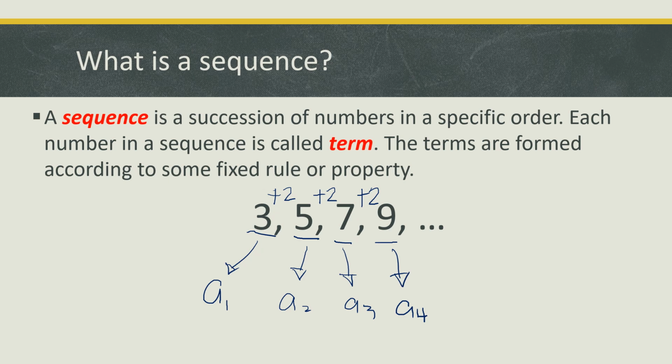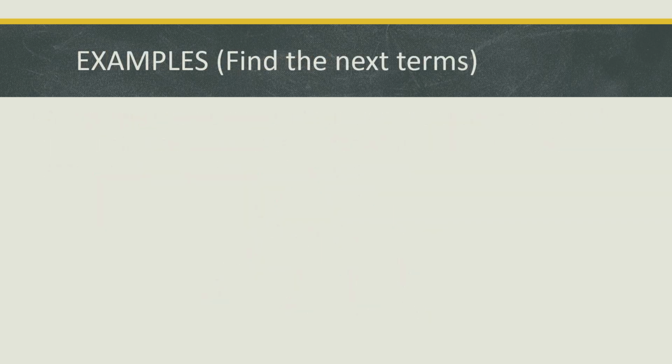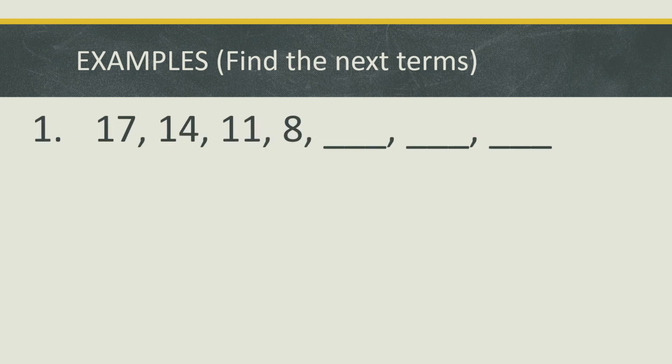Okay, so para mas maintindihan mabuti, we have here some examples. First, let us find the next three terms of 17, 14, 11, 8. First is to observe what the pattern of the given sequence is. 17 naging 14, so basically we subtracted 3 from 17.